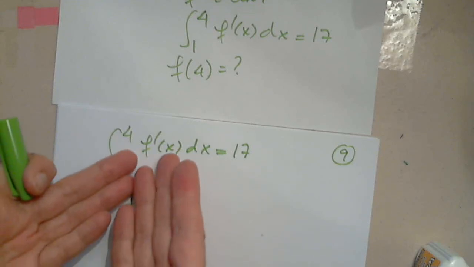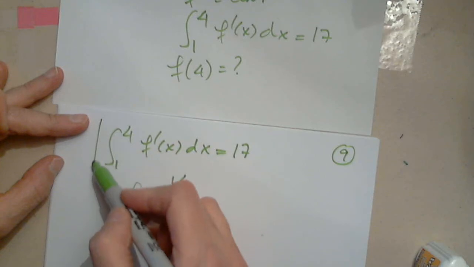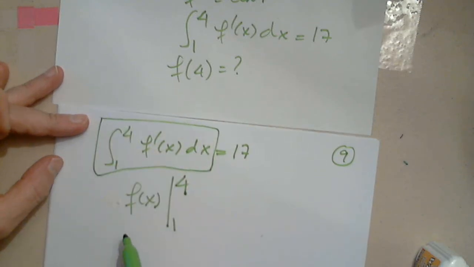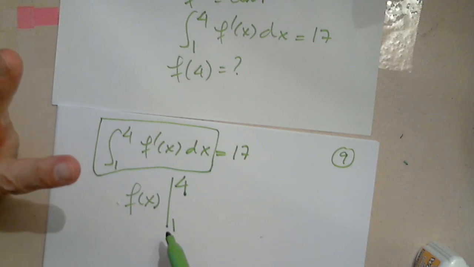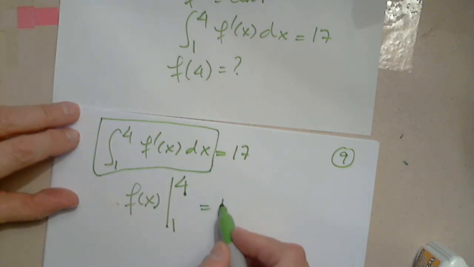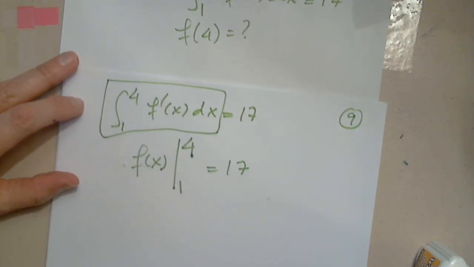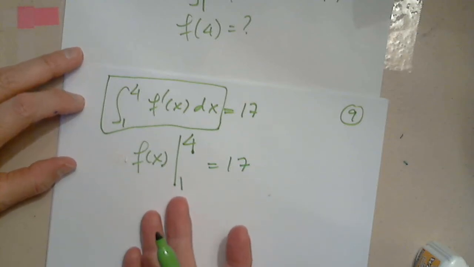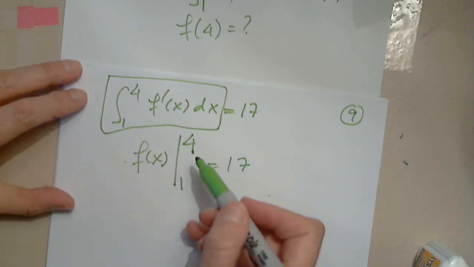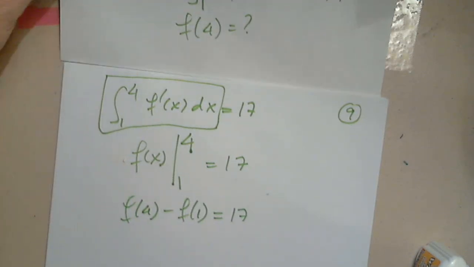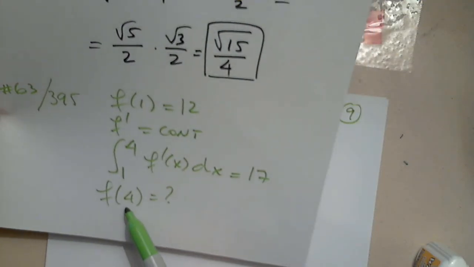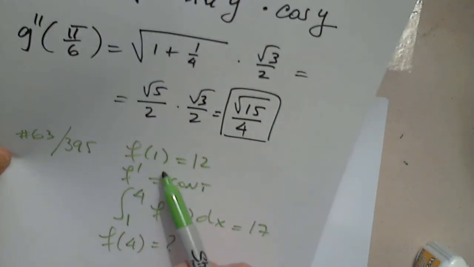When I differentiate this, I get that. So all this piece on the left-hand side is this, by fundamental theorem of calculus part 2, and this equals 17. But also by fundamental theorem of calculus part 2, this means f of 4 minus f of 1 must equal 17. But I don't have f of 4, but I do have f of 1.